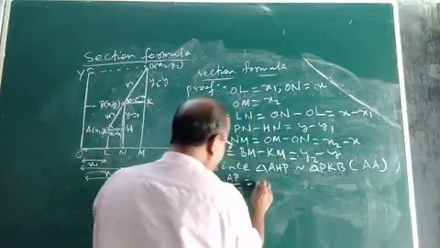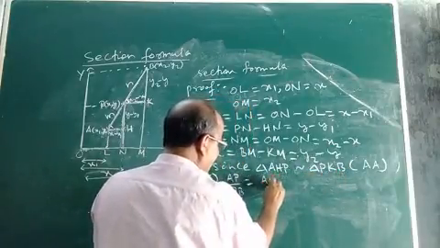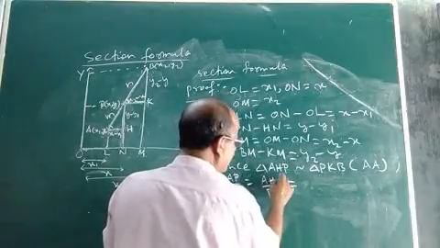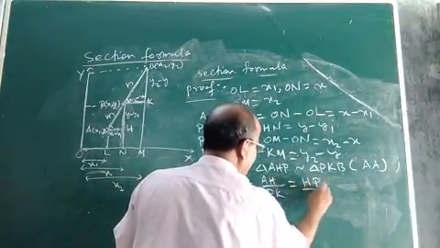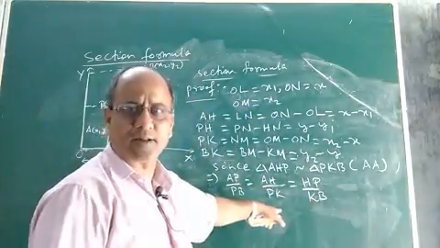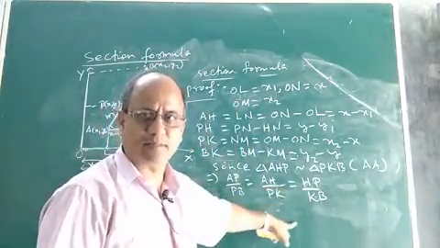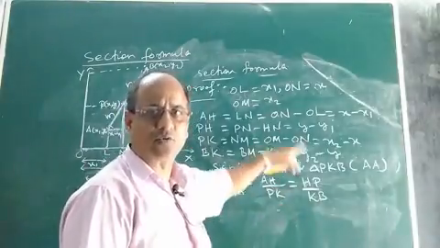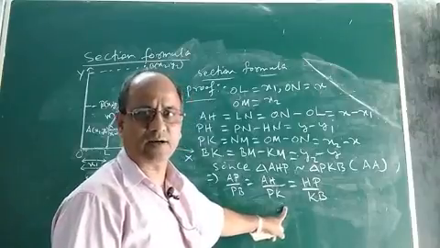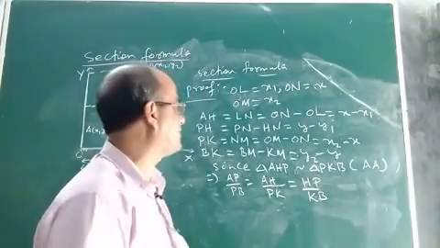So AP by PB will be equal to AH by PK, which is equal to HP by KB. The three pairs of corresponding sides of the two triangles are proportional because the two triangles are similar. Now you put these values here, you will get the desired result.